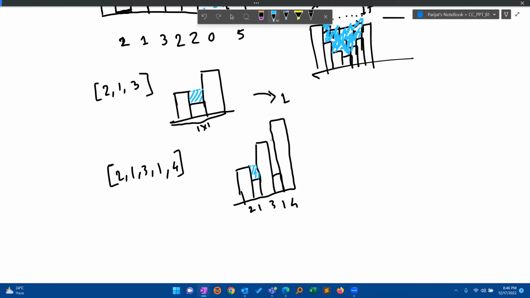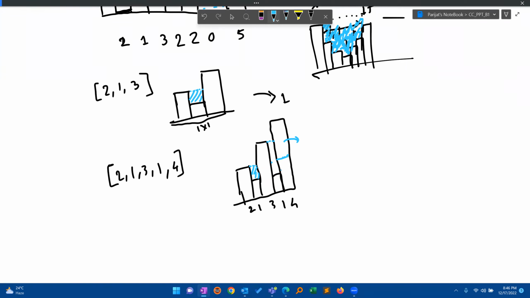So this point I can fill up to 3, but if instead of 4 this was say 2, if it was only till here, I could have only filled it till 2, not till 3, right?